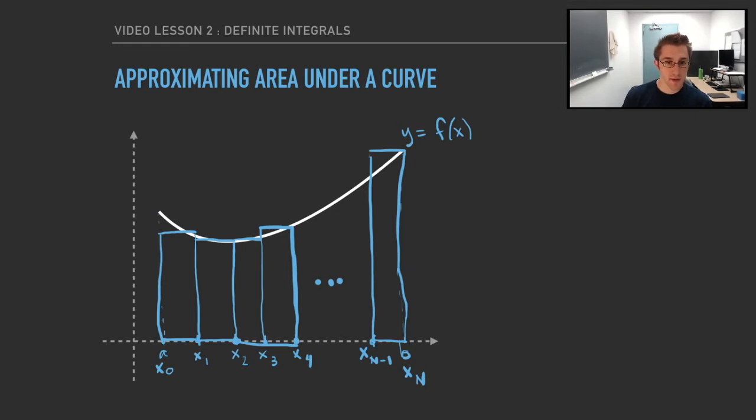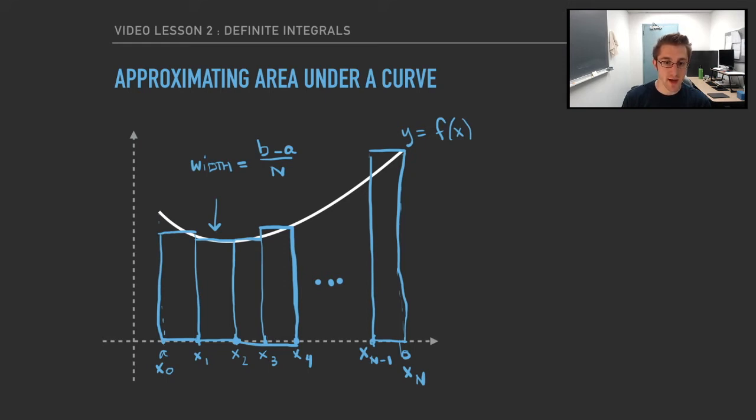How do we compute, say, the area of this rectangle? Well, the width of the subinterval: we took the interval from A to B and divided it into n equal pieces. So the width of that is going to be b minus a over n, right? B minus a is the length of the entire interval, and we're dividing it into n pieces.